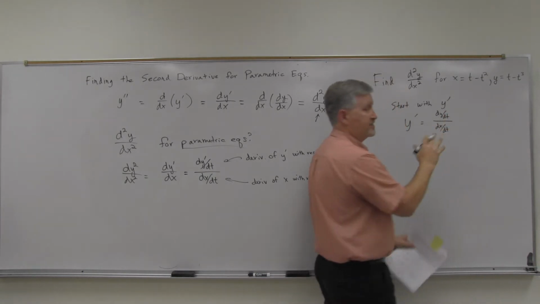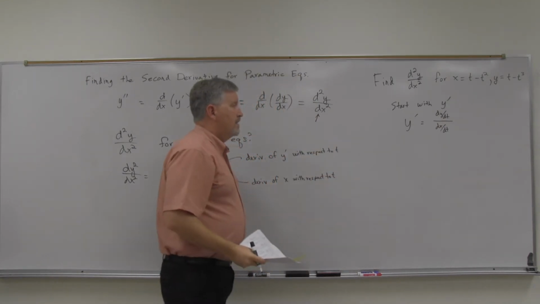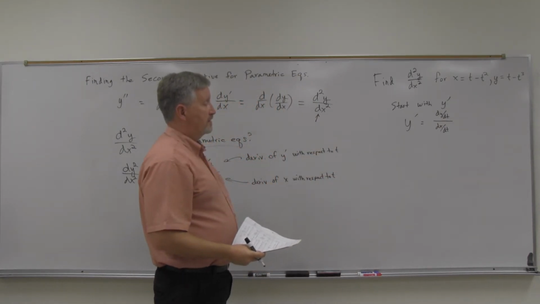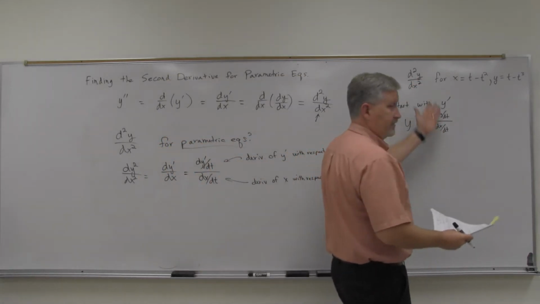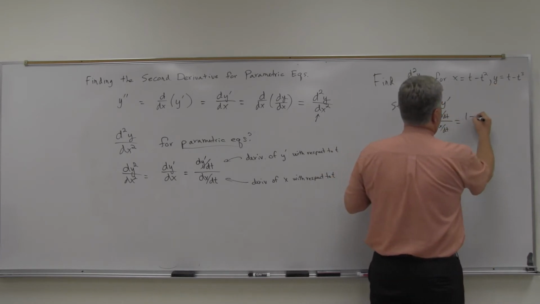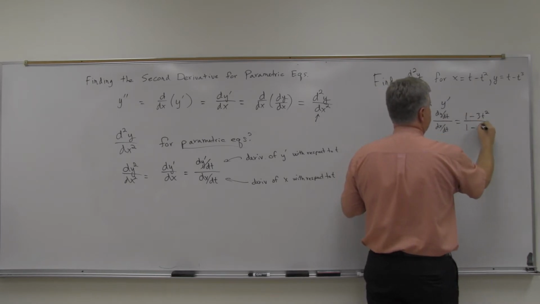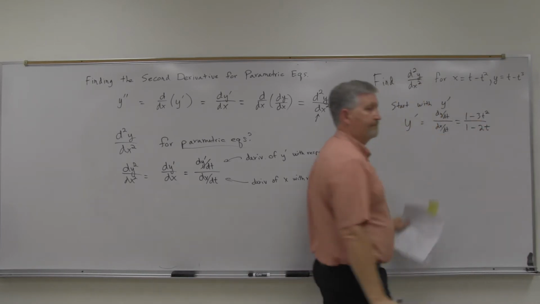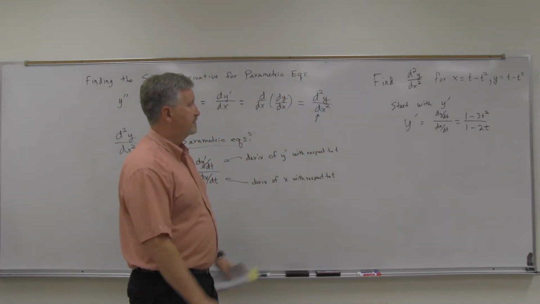I mean, we don't have to change it back to a Cartesian equation. This is how you can do this with parametric. You just do the derivative of that, which is 1 minus 3t squared, divided by the derivative of x with respect to t, so it'll be 1 minus 2t. All right, we talked about that last time.